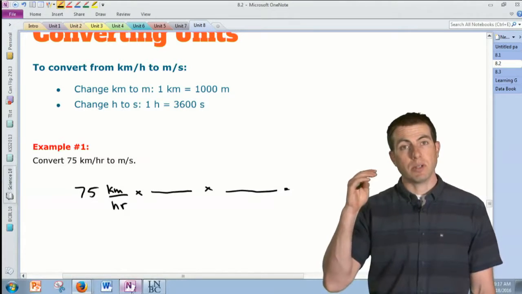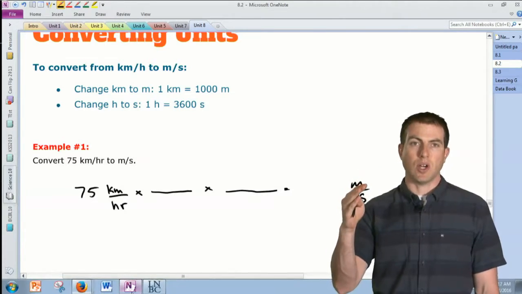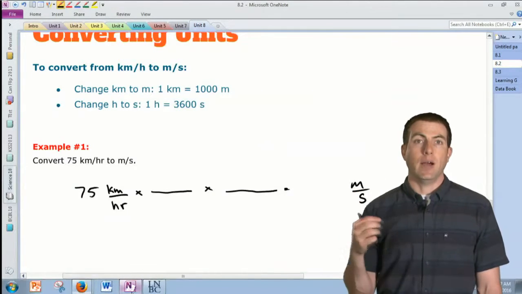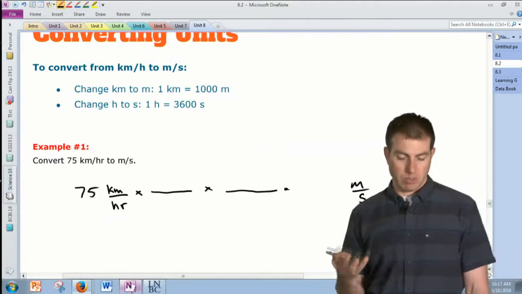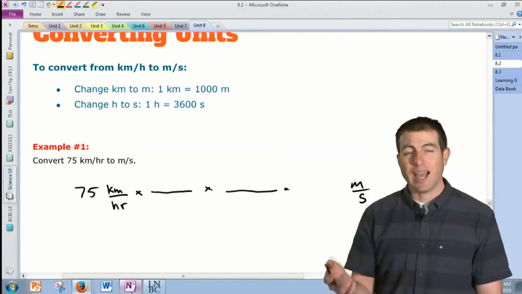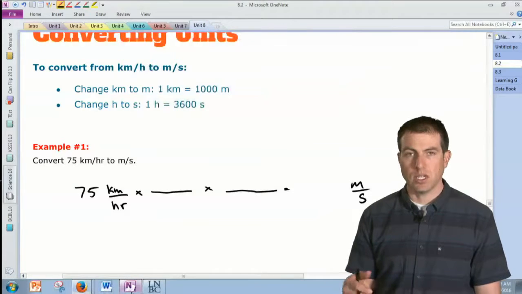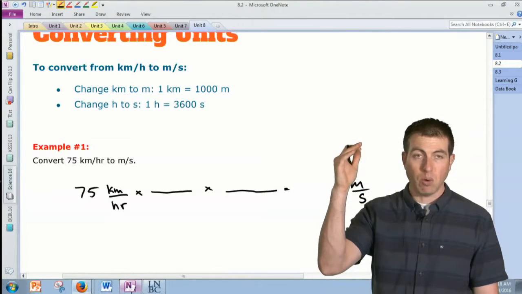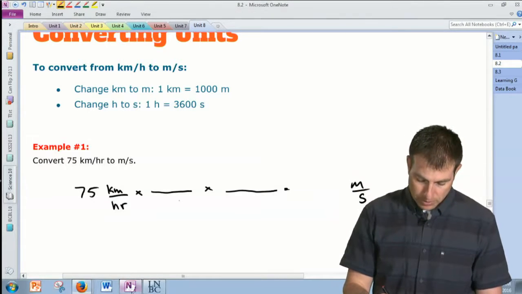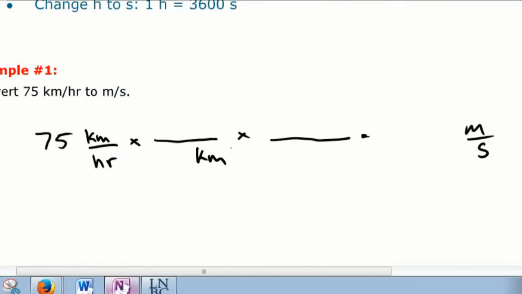If I start with kilometers on the top, I want to get rid of it. Where is it going to go? And I want to end up with meters on the top, so where am I going to have to put that? In terms of unit cancellation, if I have kilometers on the top and I want to get rid of it, I'm going to put kilometers on the bottom.